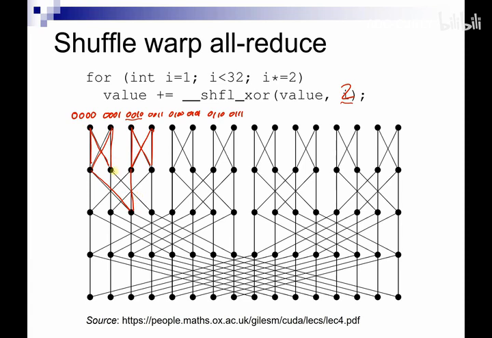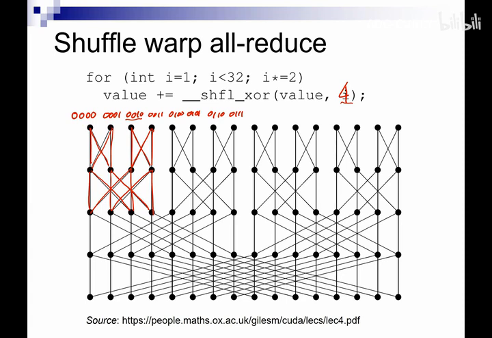Likewise, 0001 XOR 2, you get that. So you get all of these patterns. On the second layer, you add with all the guys which are distance 2 away. In the third layer, i becomes 4, so you end up adding with all the guys who are distance 4 away, and so on.